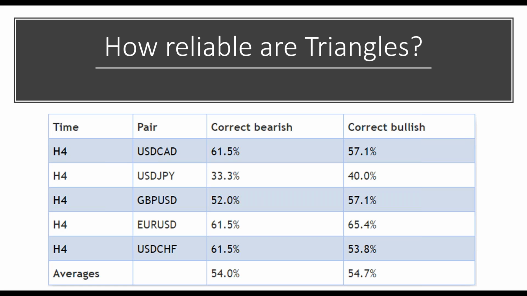But that being the Canadian dollar and Japanese yen, we were only 33% and 40% right. Overall, measuring the 5 currencies we use for our analysis, we were only in the area of 54% correct. Well, that's not enough for me to make a major trading decision. I need other pieces. So don't tell me that this particular triangle is going to give me a bearish or bullish move, because I'm at 50-50 with a breakout up or down using price.